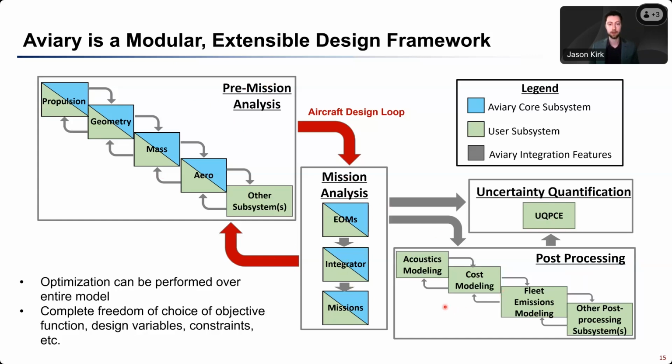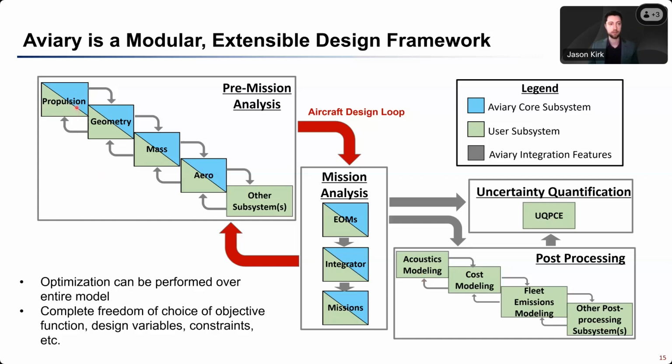And all of the components here that are in blue are things that Aviary can support out of the box, or at least has a method that you can use to do that type of analysis. And everything in green is either something that a user can bring forth and add to Aviary, and it's not limited to the examples shown here, or it's something that they can substitute for an existing module.